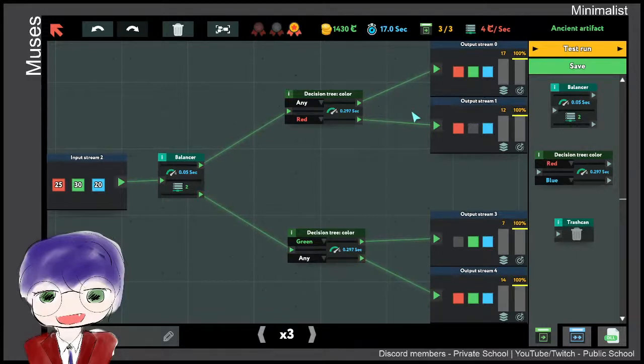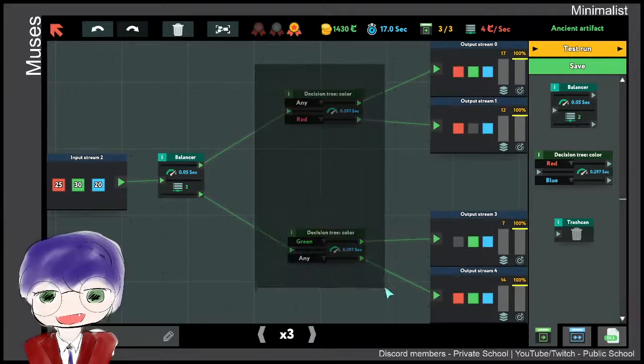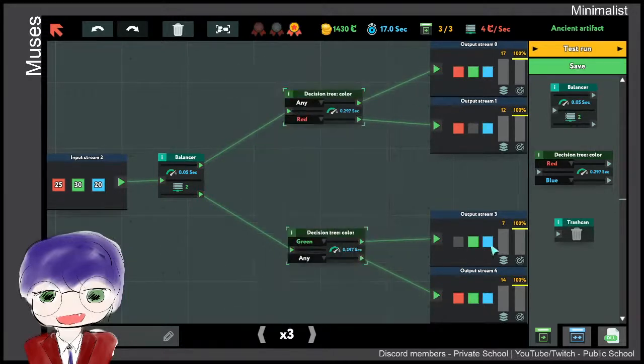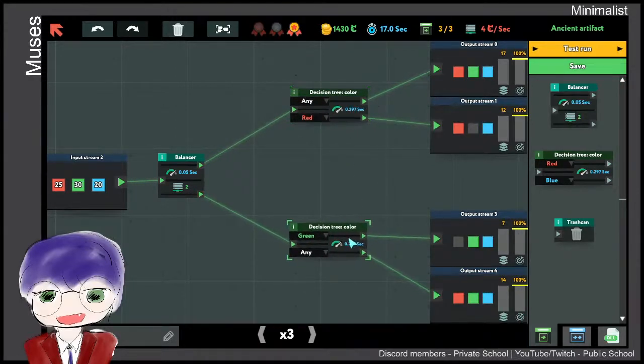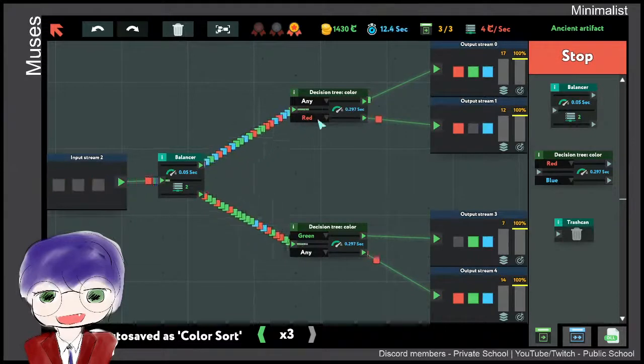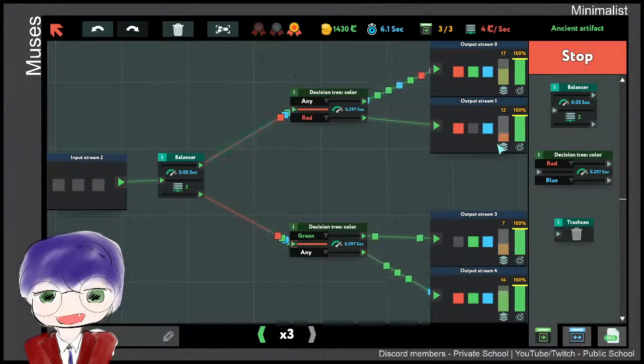Well, I am stuck, but it's more of a question of now we have to optimize these things, right? The problem is, of course, that it demands 100% accuracy. And right now you'll notice what happens is that we don't actually get enough.